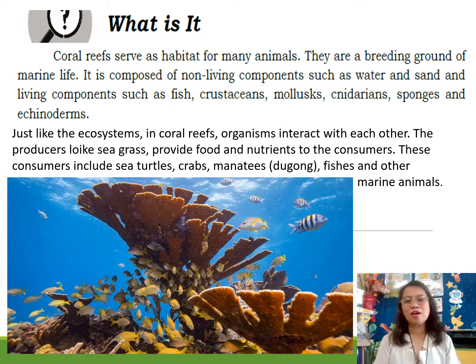Just like the ecosystem in coral reefs, organisms interact with each other. Compared to our forest ecosystem, the organisms in the coral reef are interacting with one another. The producers like seagrass, the grasses in the sea, provide food and nutrients to the consumers.